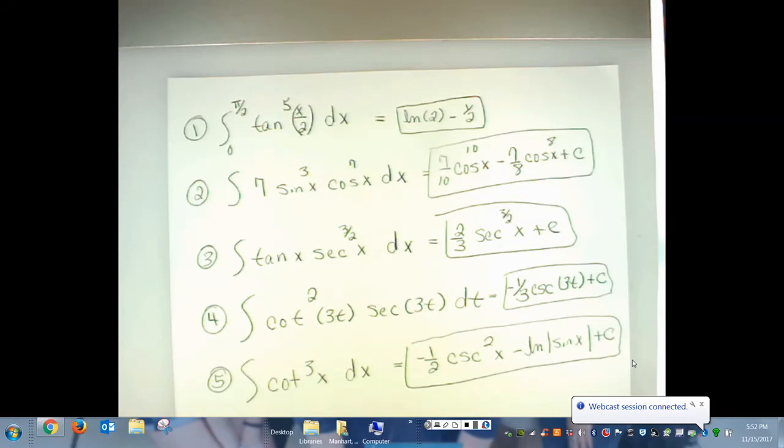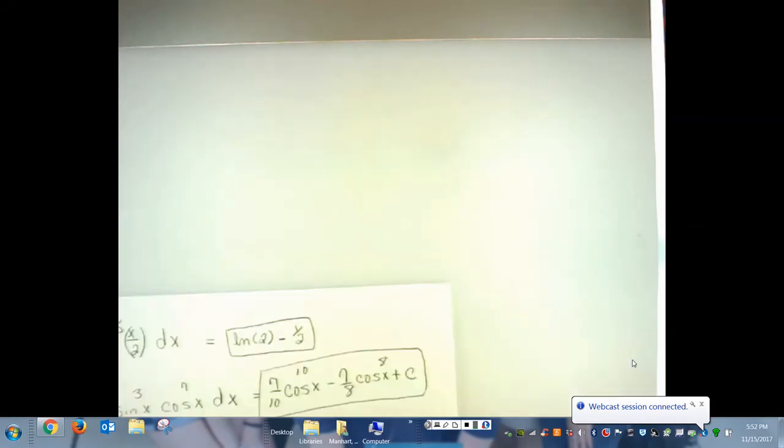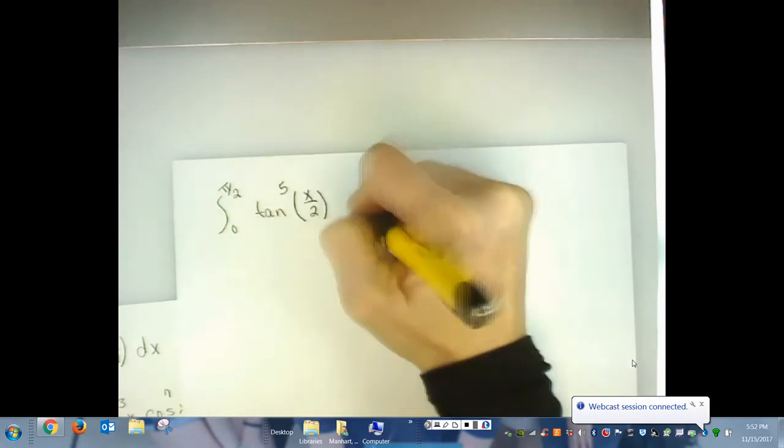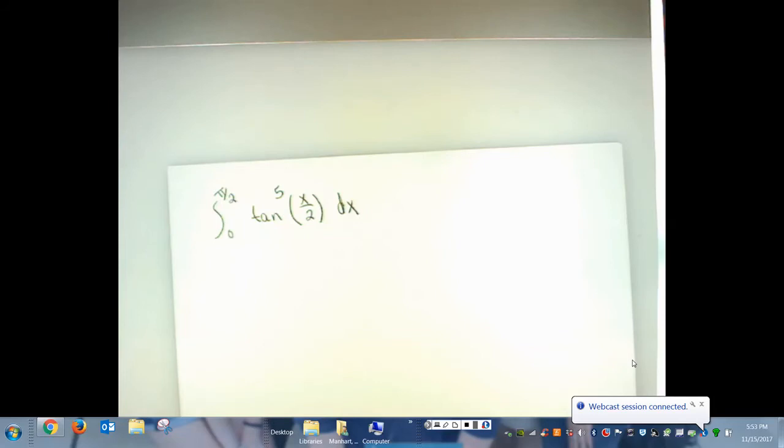The tangent of x divided by 2 to the 5th power. First thing that comes to my mind is there's already a blue box formula for tangent to the 5th power, and there is not. So there's your problem. What we are going to do is plug into our reduction formula.